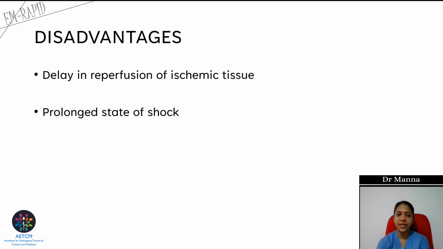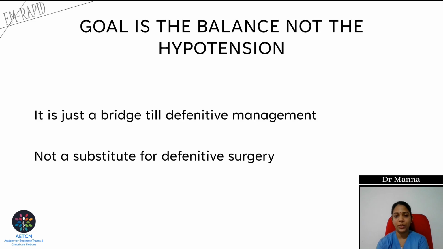So there are some disadvantages and advantages, but the advantages are more than the disadvantages. Permissive hypotension or hypotensive resuscitation is just to bridge to definitive management. The definitive management is surgery, to repair the bleeding site. So definitive management is surgery, but permissive hypotension is just to bridge this.